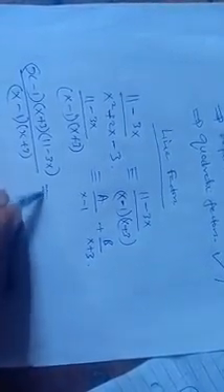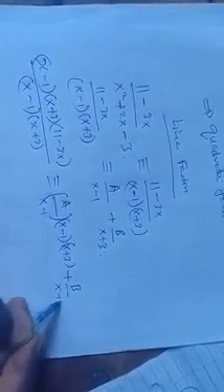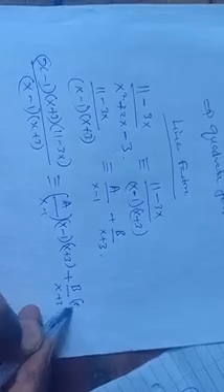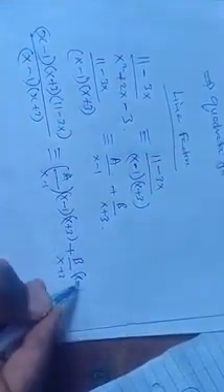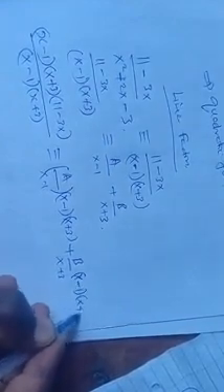So we have 11 minus 3x over x minus 1, x plus 3, multiplied by x minus 1, x plus 3, equal to a over x minus 1 multiplied by the same denominator, x minus 1, x plus 3, plus b over x plus 3 multiplied by the same denominator, x minus 1, x plus 3.